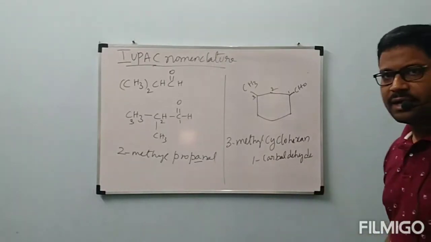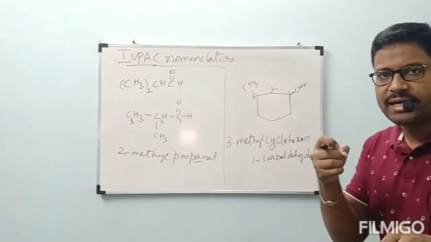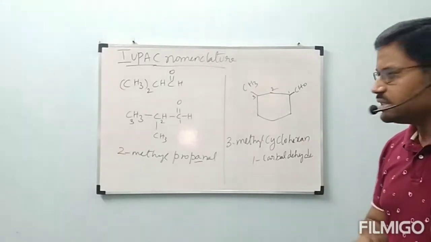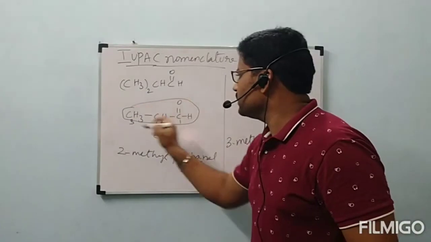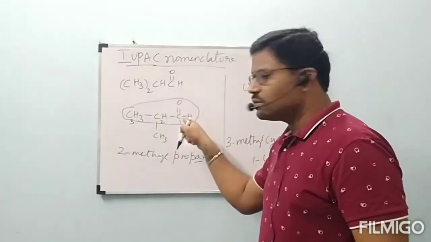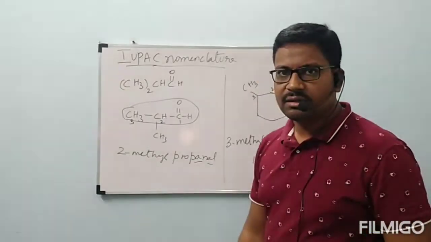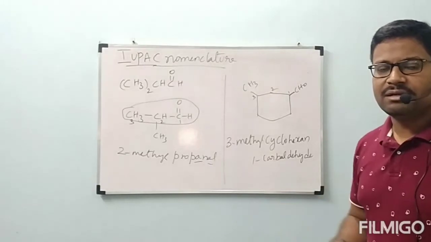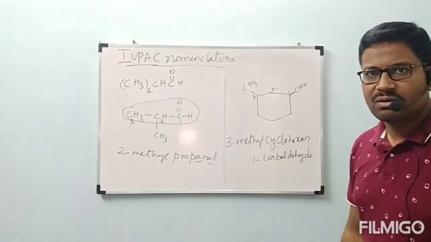Why did I write carbaldehyde? Carbaldehyde means the entire CHO, which is present outside the carbon chain. Once again, if the CHO is involved in the parent chain, C double bond OH is part of it and we end with the name -al. But here the CHO is not involved in the parent chain. It is a terminal functional group, present at the end only, and it cannot be involved in a closed ring.